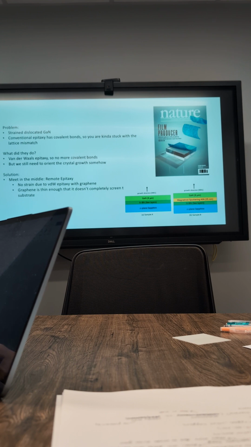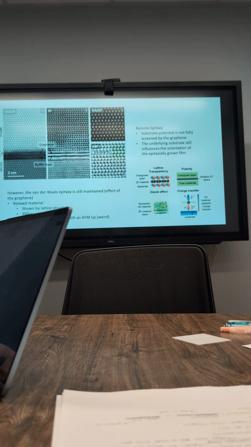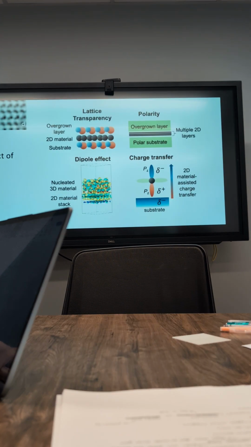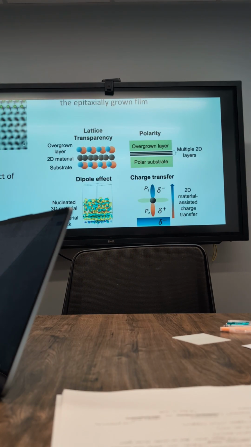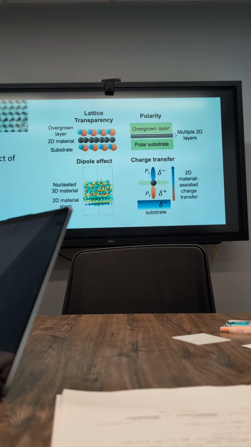Okay, so they are saying because graphene is so thin, I mean, it's a 2D material, the interactions with the substrate are still there, so they can grow the crystal. And you can kind of see there's still this charge transfer from the substrate.